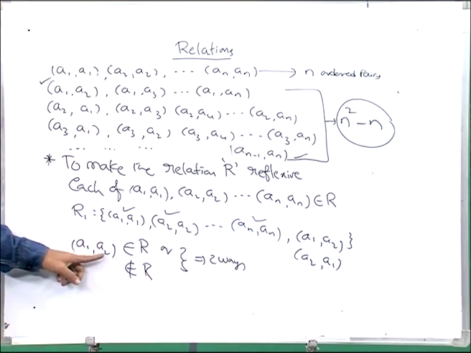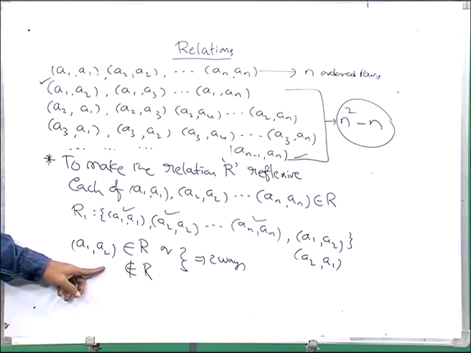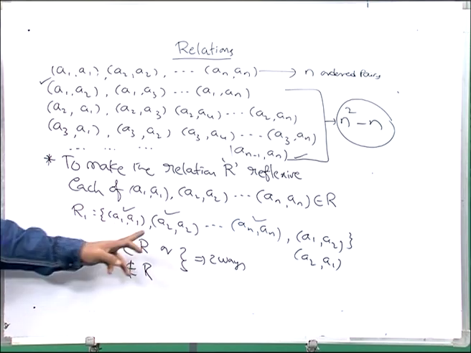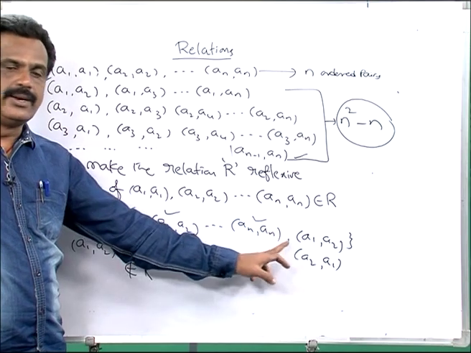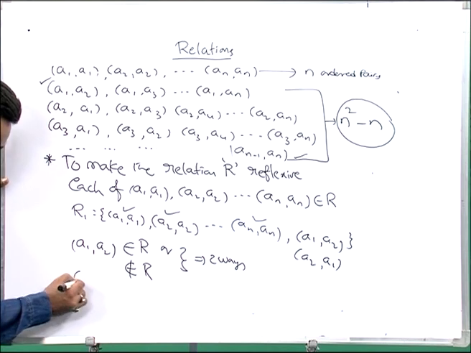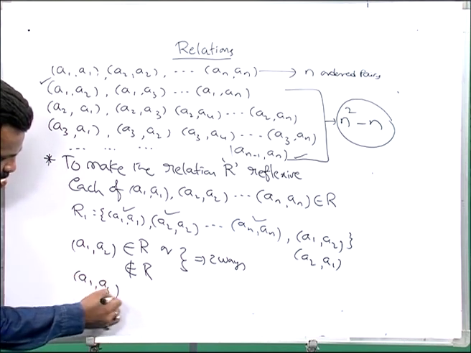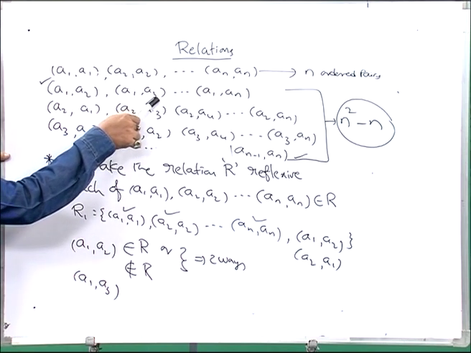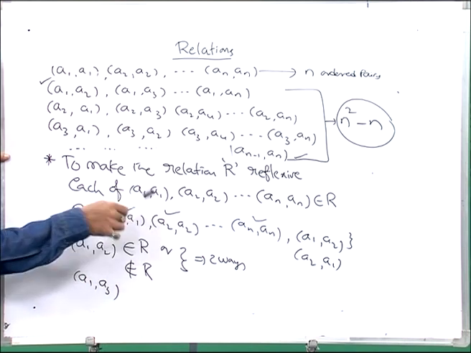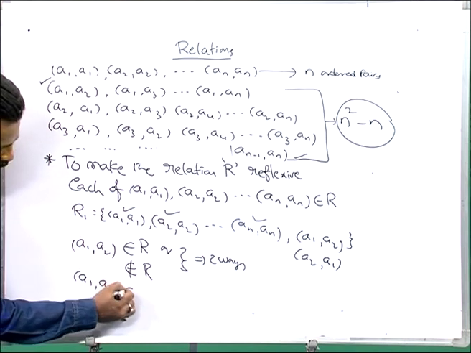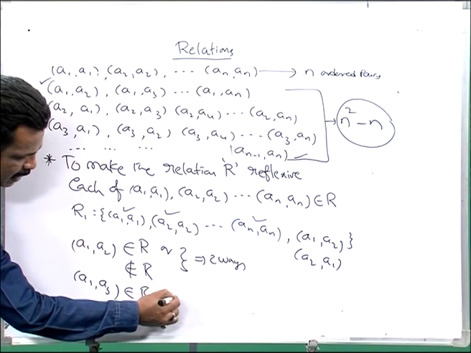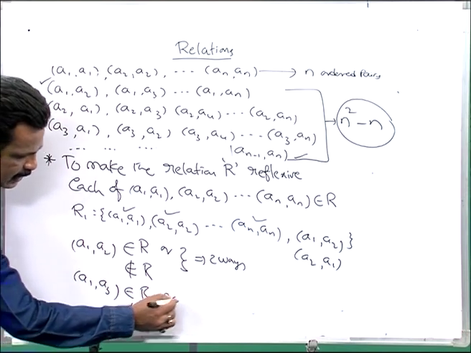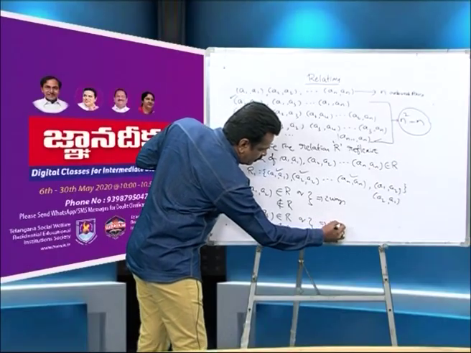So for A1 comma A2, if you consider it not in the relation, definitely the relation is reflexive, because A1 A1 is present, A2 A2 is present, and so on AN AN also present. And if you take A1 comma A3, we can say it belongs to R or it is not in R. In that case, there are two ways.